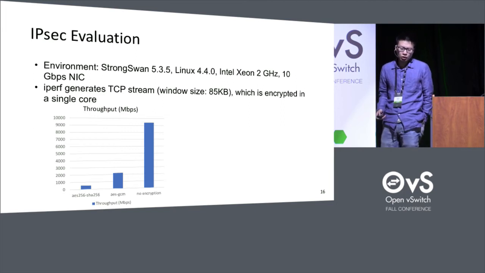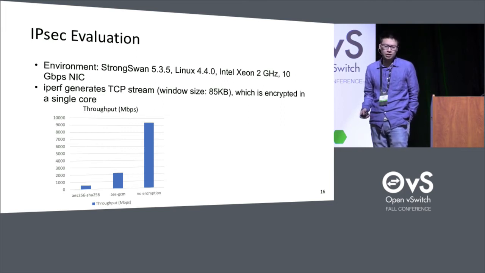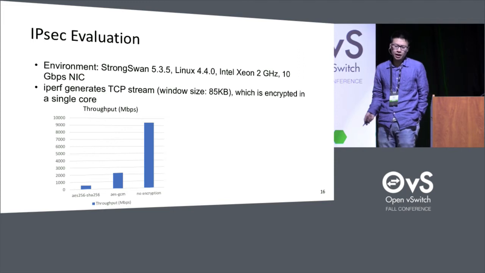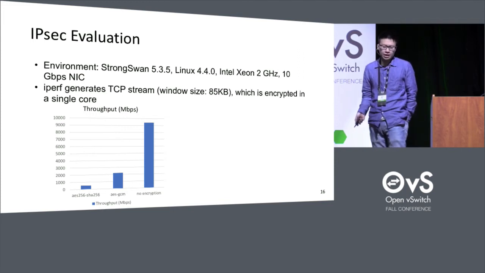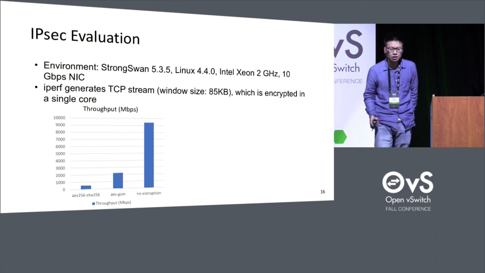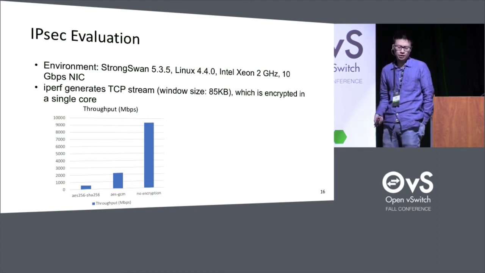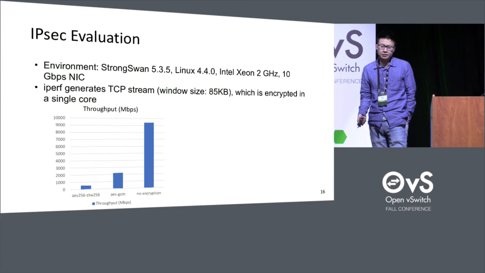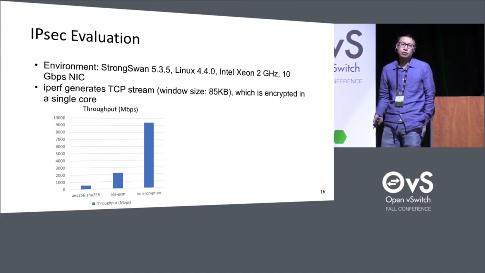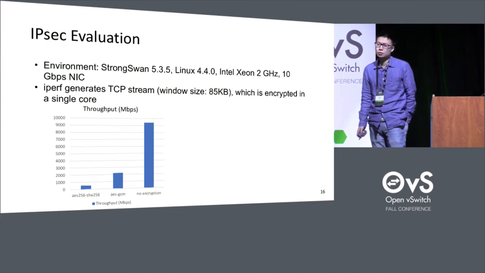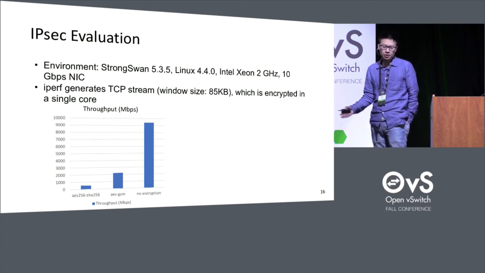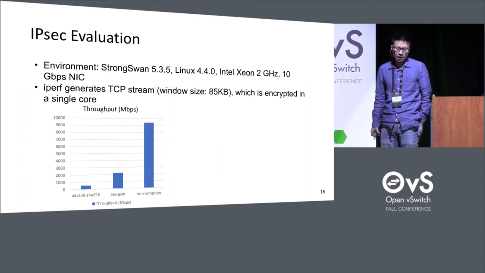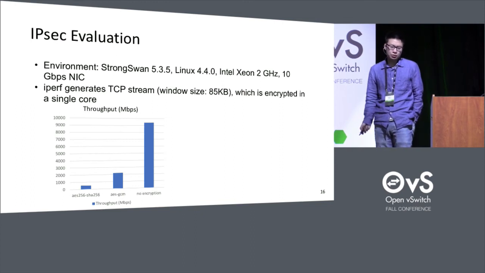Without encryption, the throughput can easily achieve close to 10 Gbps. If we use AES-256 with SHA-256 encryption, the throughput is around 500 Mbps. AES-GCM is a faster encryption algorithm, and the throughput can reach 2 Gbps.